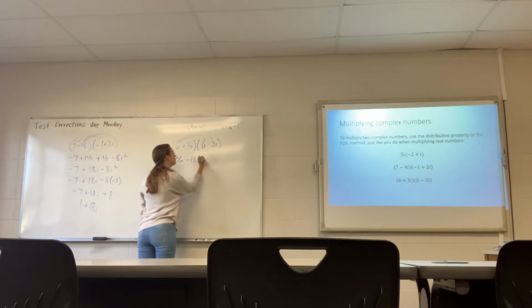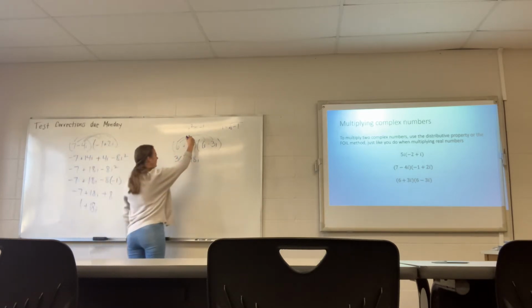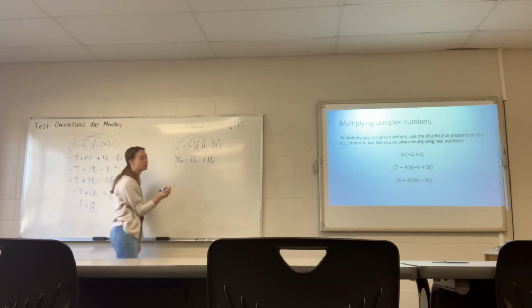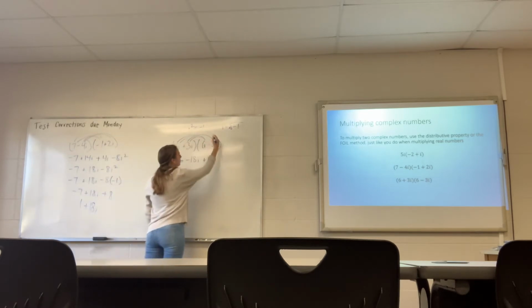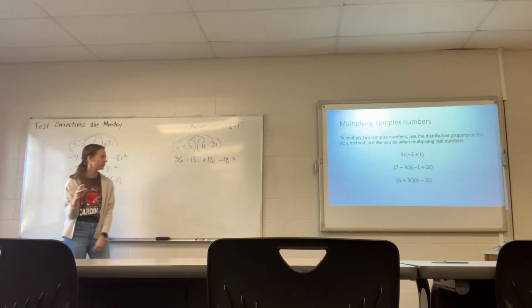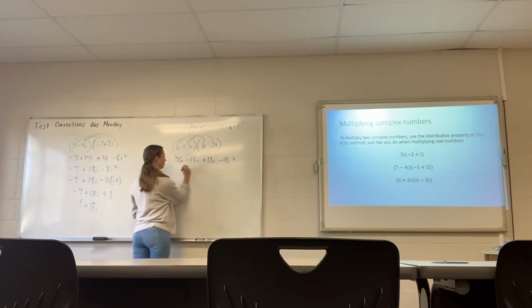Okay, plus 18i. Okay, minus 9i squared. Okay. Then what would I have? 36 minus 9i squared.